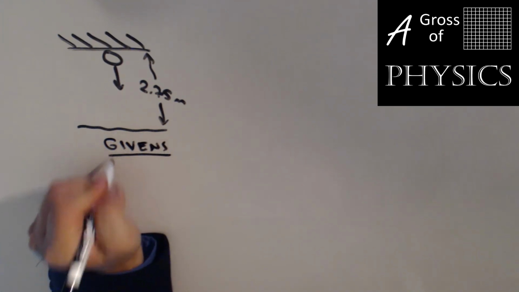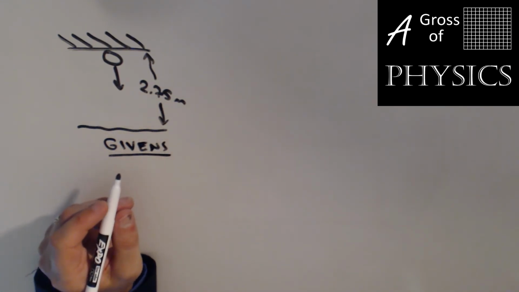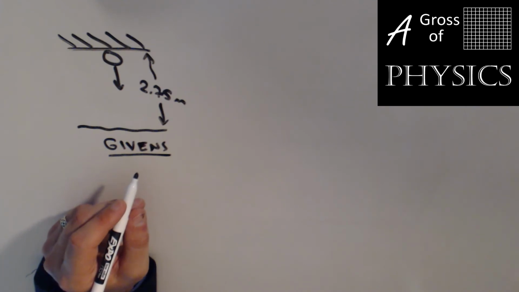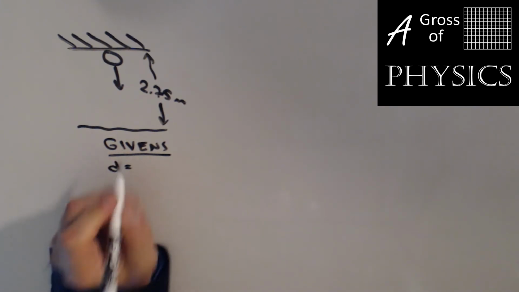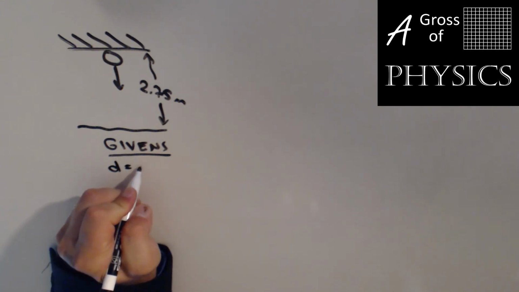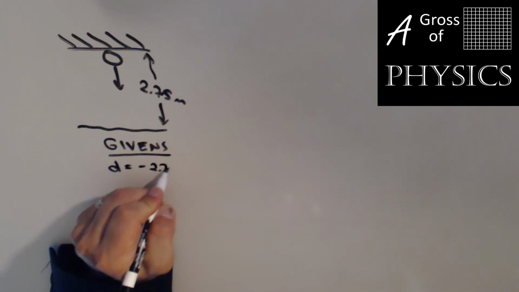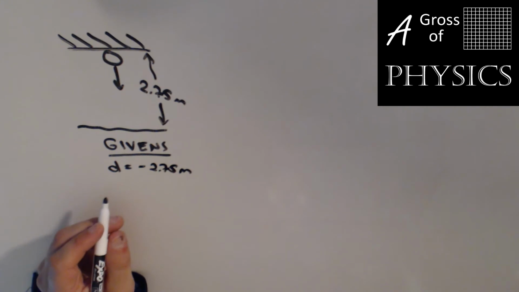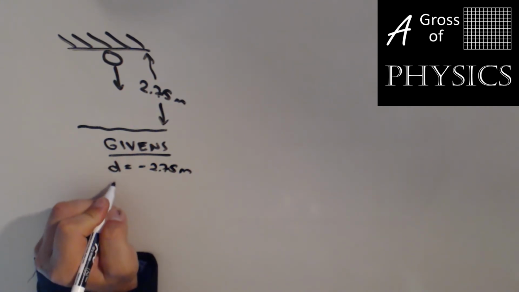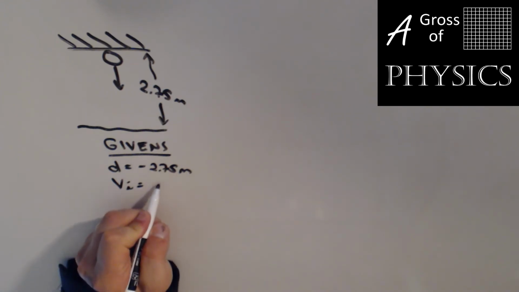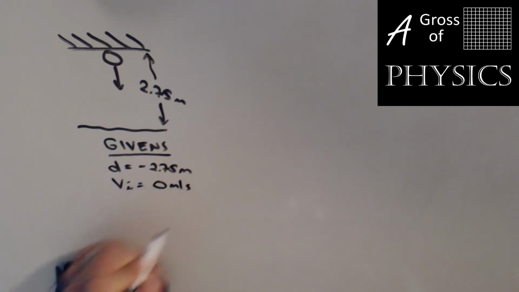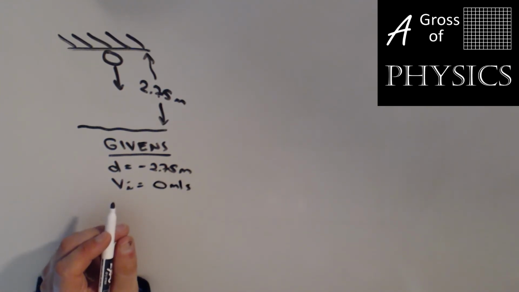Now, since the marble is moving downward and these equations are vector equations, we need to use the proper direction. So the displacement should be negative 2.75 meters. The hidden variable is in the word dropped, and that represents 0 meters per second for the initial velocity.